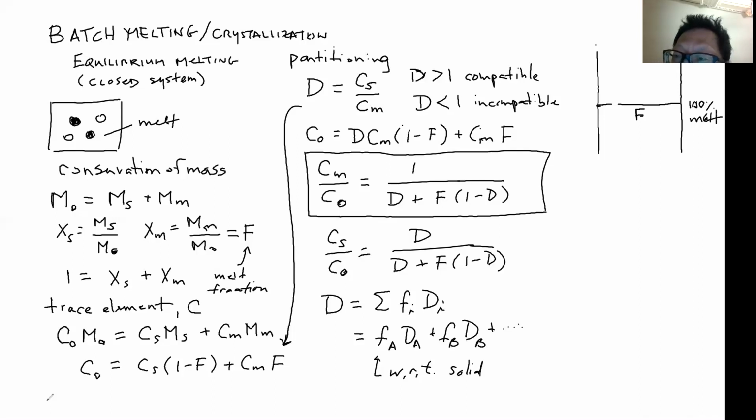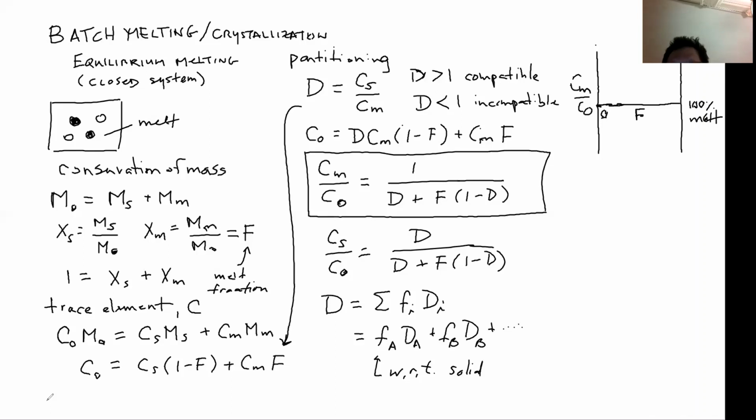And over here would be no melt or 0% melt. So it's fully crystallized, okay? And we can consider these scenarios, and the y-axis is Cm over C0. Okay?